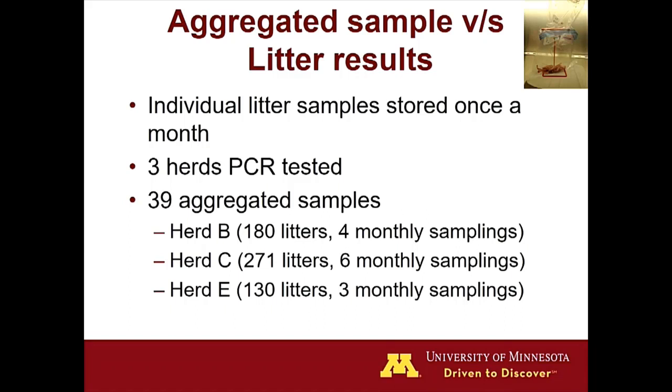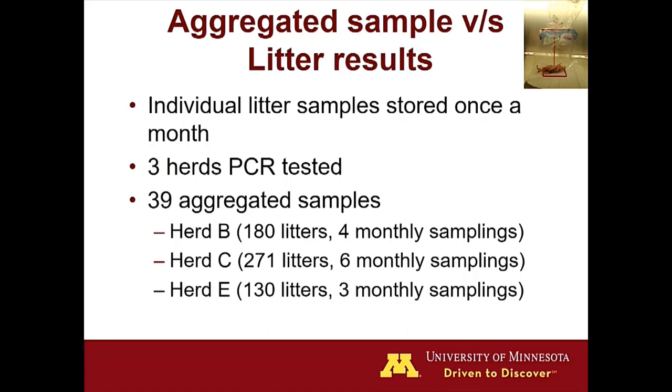I wanted to show you also this part in which we also sample. Whenever they send us these individual litter samples, we store the individual litter in a cryogenic vial, and then we decided to test these individual litter results in 3 herds.